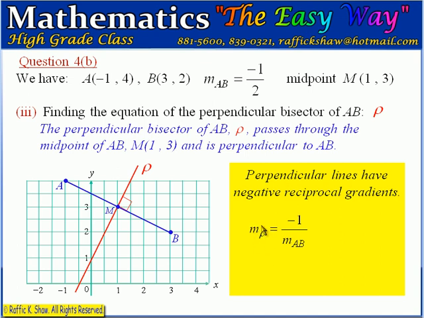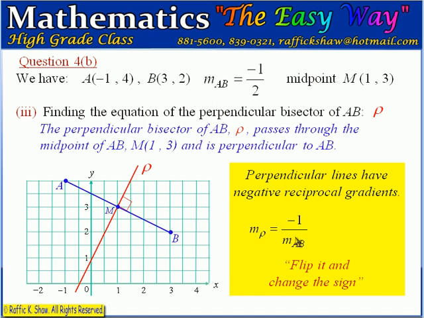The negative reciprocal of the gradient of AB is equal to the gradient of P, the perpendicular line. And so we do that calculation by what we call flipping and changing the sign.